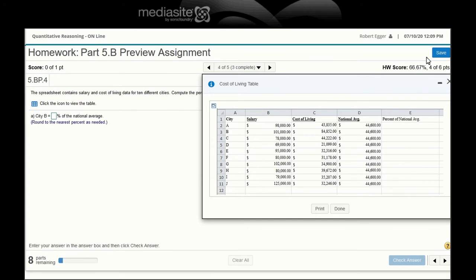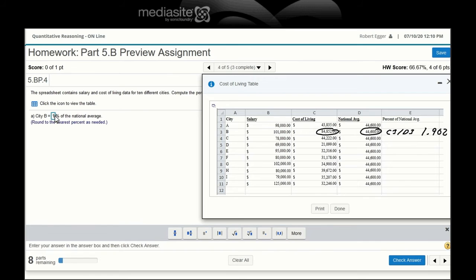In all these cases, it's just going to be B's cost, 84,852, divided by 44,600, converted from a decimal to a percentage. Let's just do the math. 84,852 divided by 44,600 comes out to 1.902, or 190%.